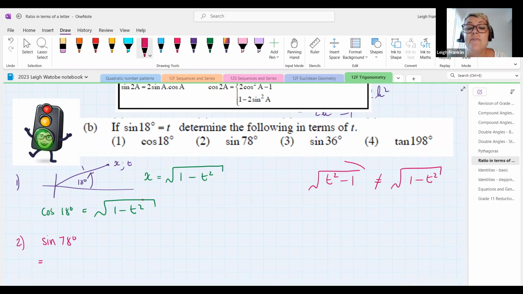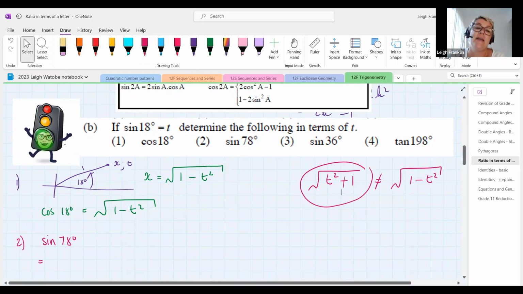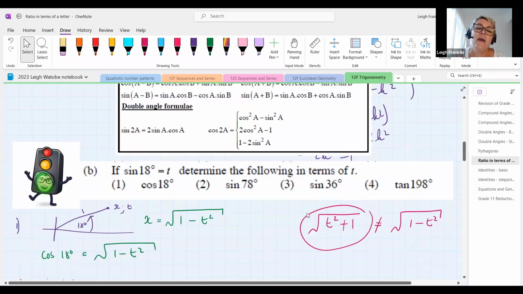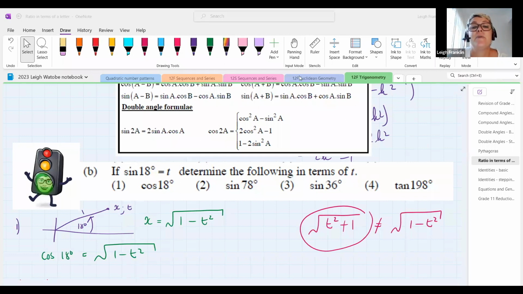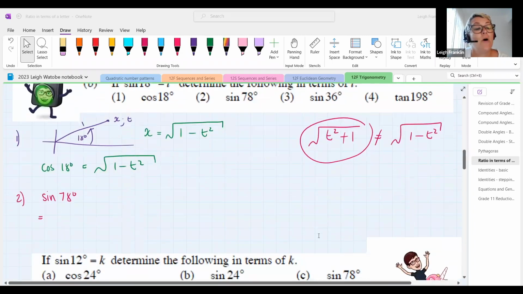It would normally be a plus, but that's with tan, where you would be calculating the length of the hypotenuse. But yeah, it's not the same thing, and it would be marked wrong.